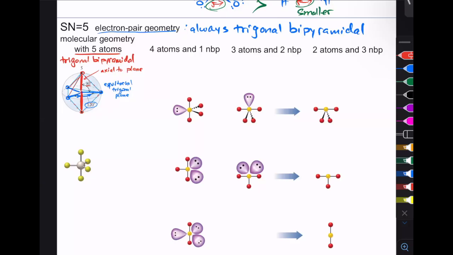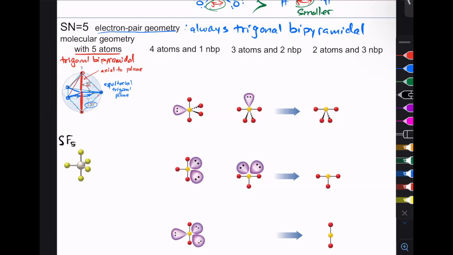Okay, so here's an example of a molecule. Let's look at SF5. What would you call that? SF5. What's the name of that molecule? Say louder. Sulfur pentafluoride.